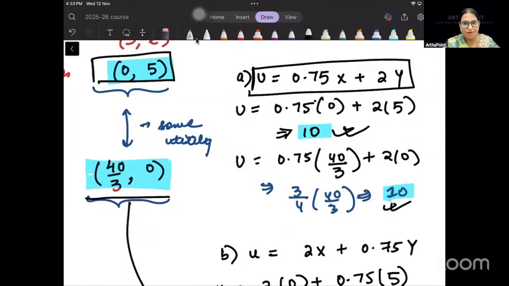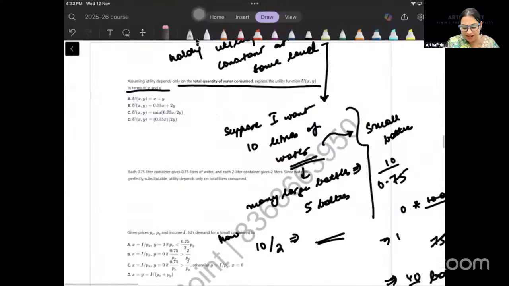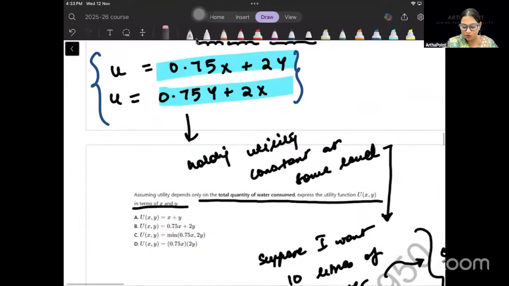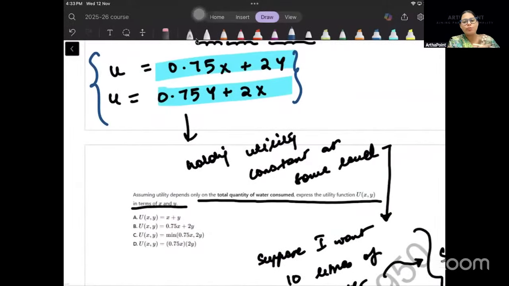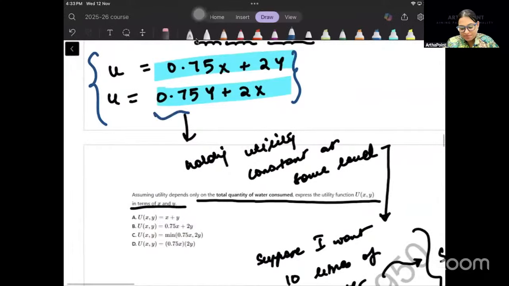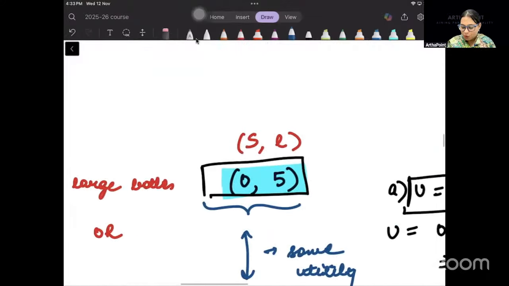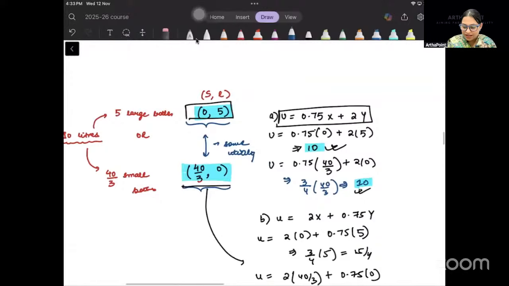It was easy for all of you because the other option was missing. I should have given you the other one also as an option. The other option was missing, so it became easy for you to guess, yes ma'am, answer will be B. But if both these options had been given, how would we have done it?